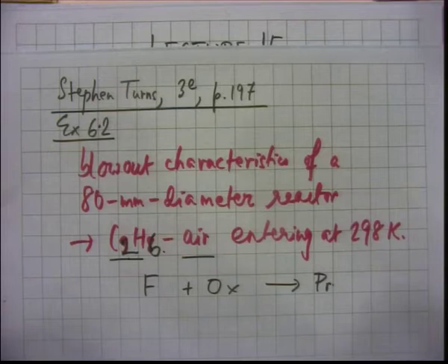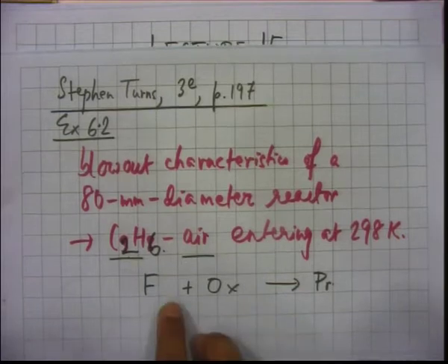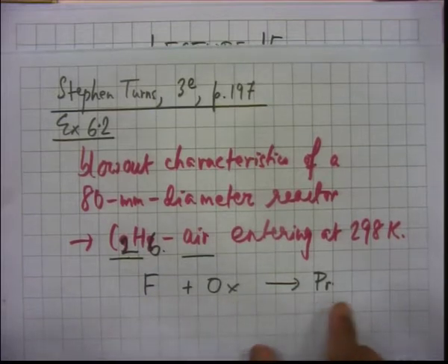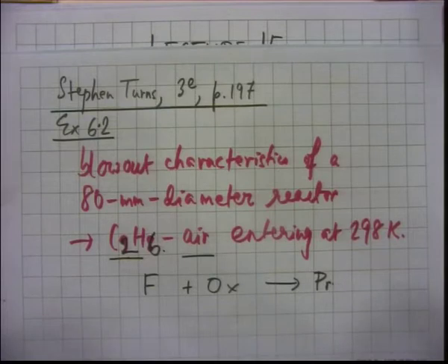For this particular problem we will not deal with a large number of species; we will try to keep the number of species as low as possible, and as low as possible means 3, as we discussed. So, the simplest model is fuel plus oxidizer giving you products. When I write PR for products, I am not distinguishing between CO2 and CO or H2 and all that. Products is products, there is no specific name given to a particular species. That is the greatest level of simplification that we can possibly use.